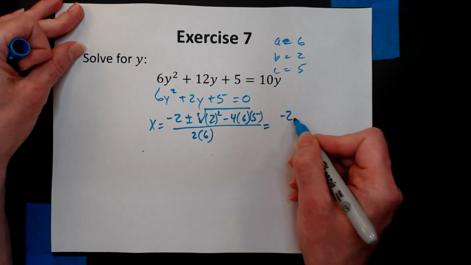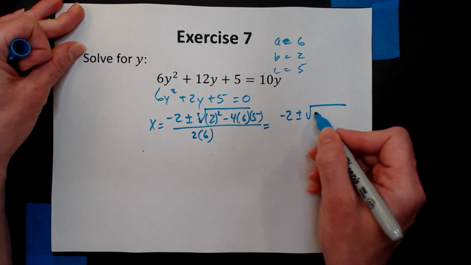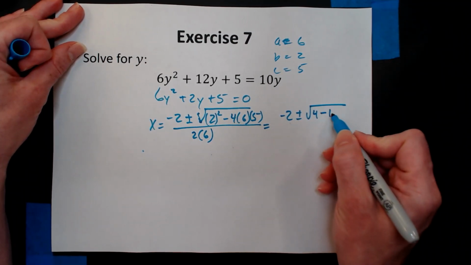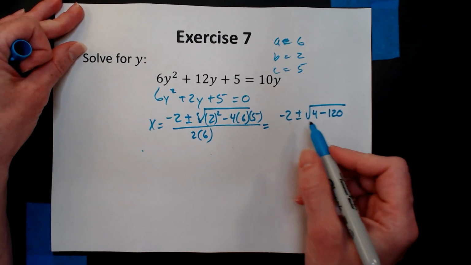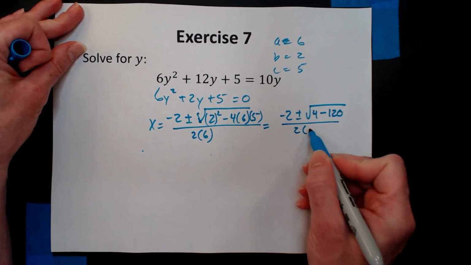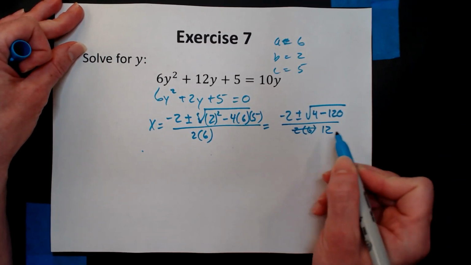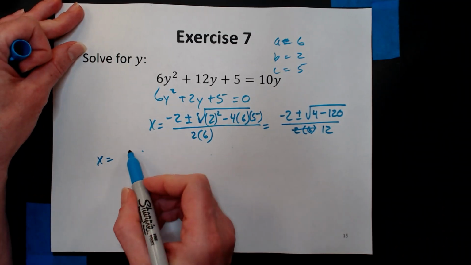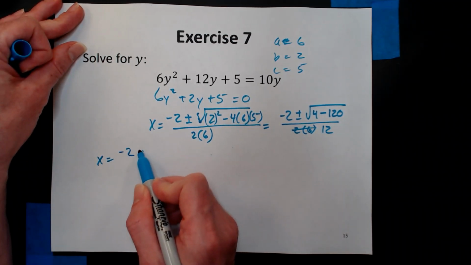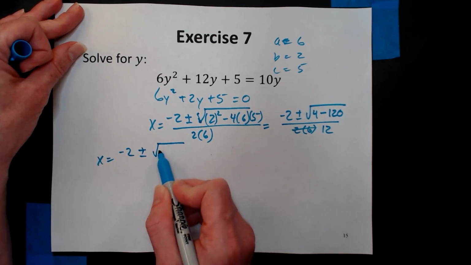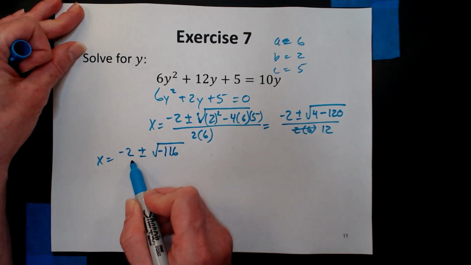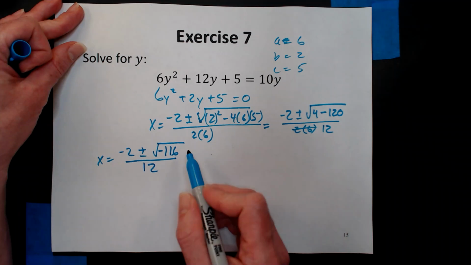That's going to give me negative 2 plus or minus the square root of 4 minus 120 now. It's going to be x equals negative 2 plus or minus the square root of negative 116, all over 12.